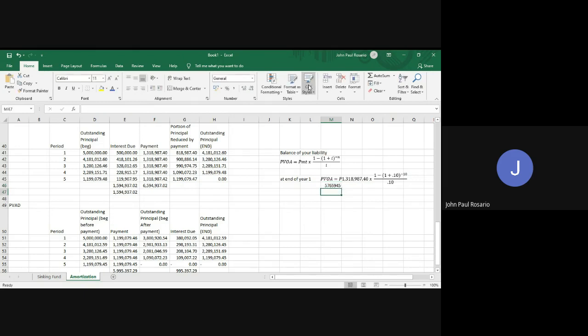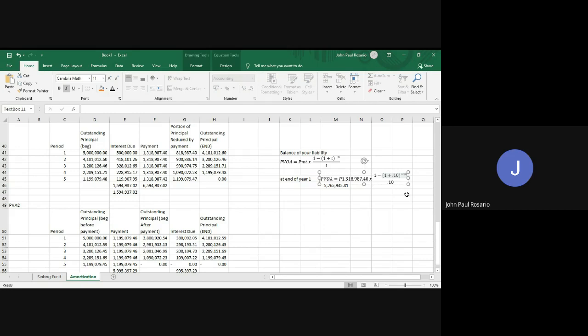So our present value, or our remaining liability. What's wrong here? Oh, this is not 1.8, this is 1.